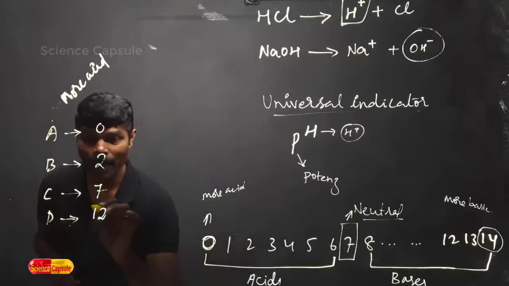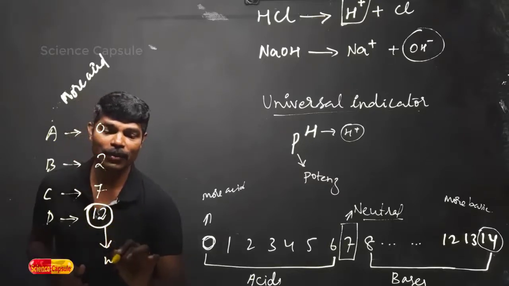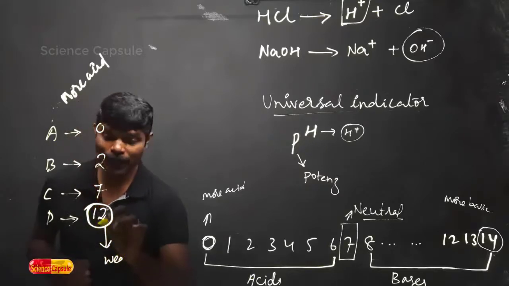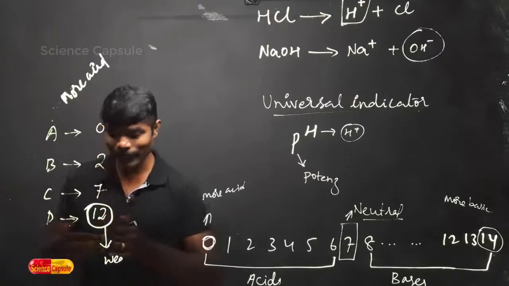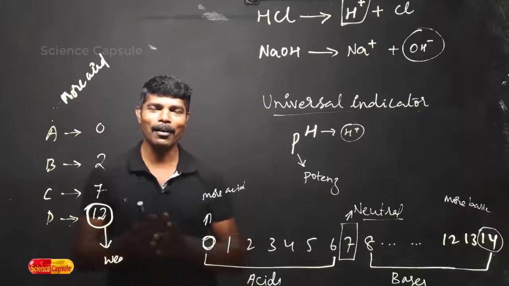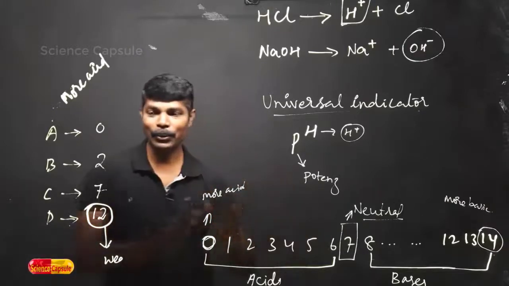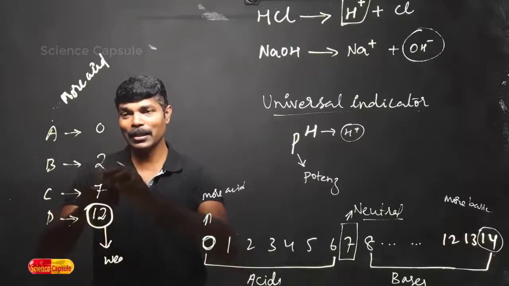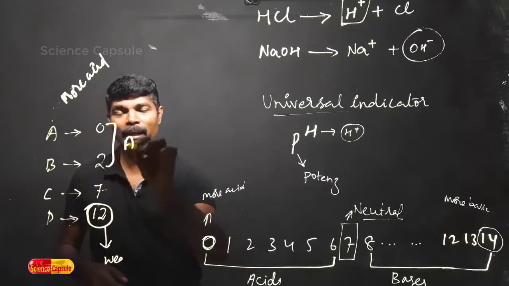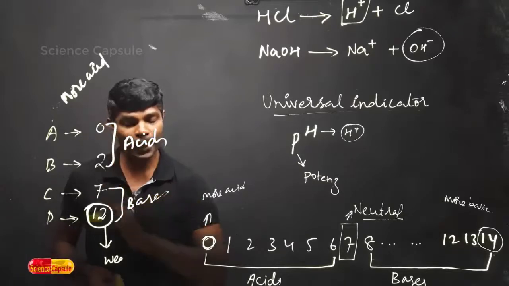So here 12 is the greatest value, and this will not be an acid, because acids are those substances which have the pH value 0 to 6. So here 0 to 6, these two are considered under acids and these two are bases, right?